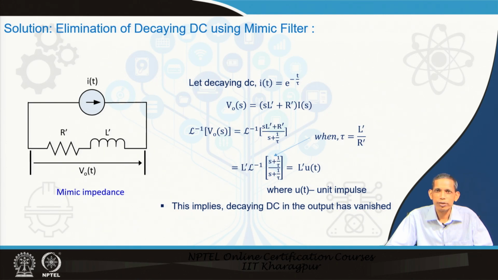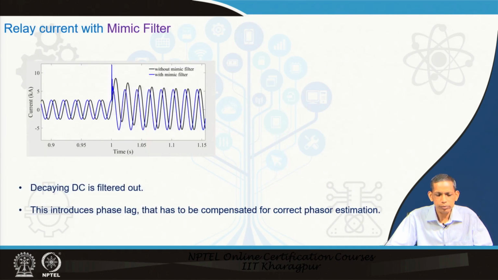That is the beauty of this filtering process, and this part is called the mimic impedance, mimicking the power system circuit with tau equal to L dash by R dash, and this process eliminates the decaying DC part.